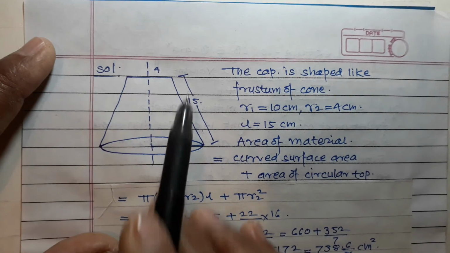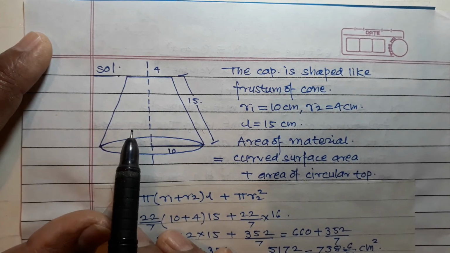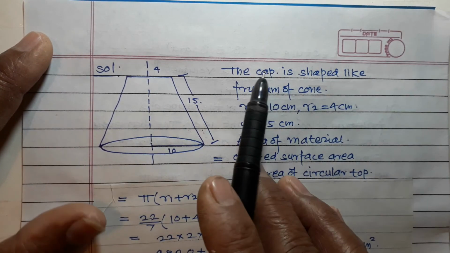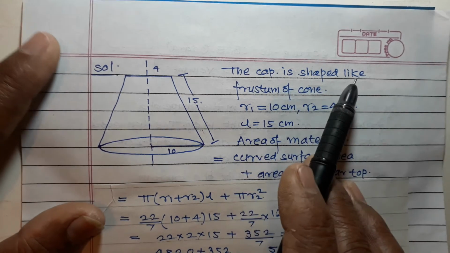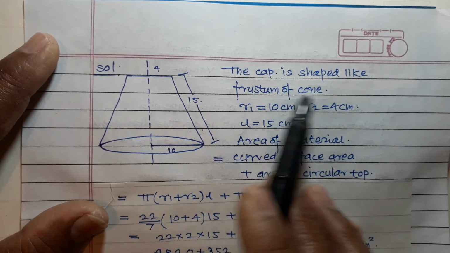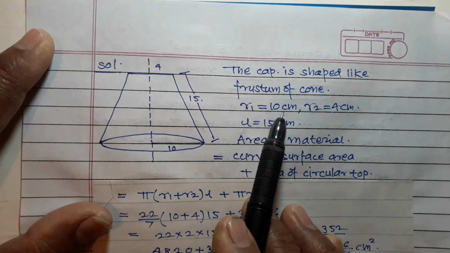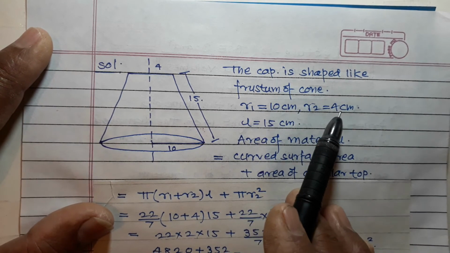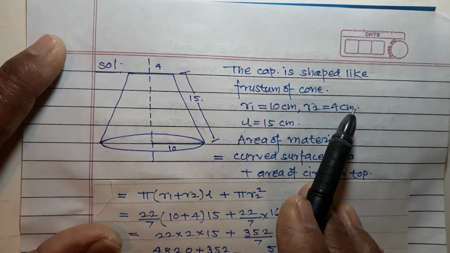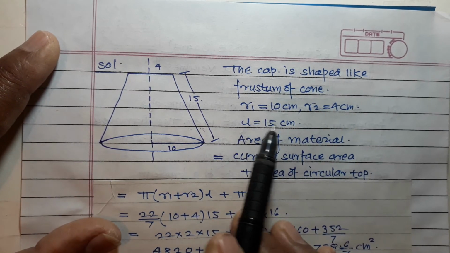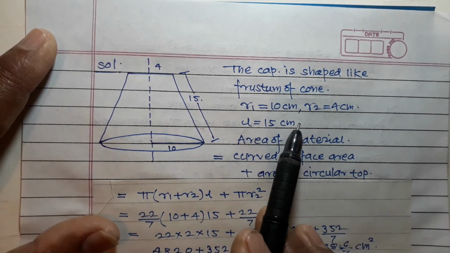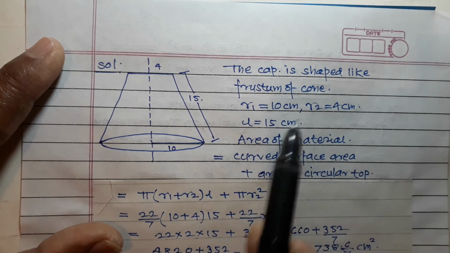Now try to draw the figure by the given information. So the cap is shaped like a frustum of a cone. R1 is equal to 10 centimeter and R2 is equal to 4 centimeter. The L, meaning slant height, is equal to 15 centimeter, given.